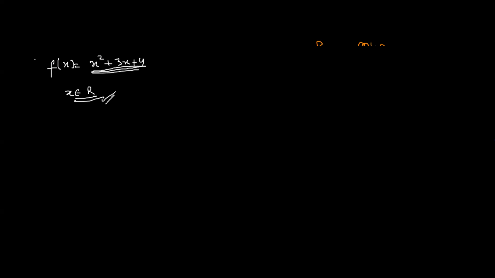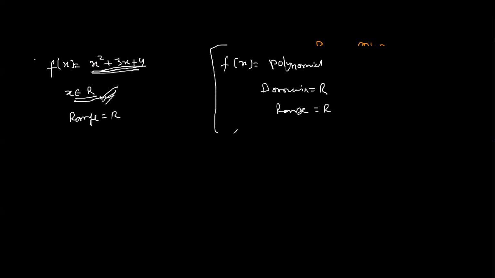Because there is no restriction. So domain is any real number. And range will be any real number. So whenever a polynomial is given, domain will be all real numbers, and range is also all real numbers. Note down this. This is standard form. Understood? Note down this.